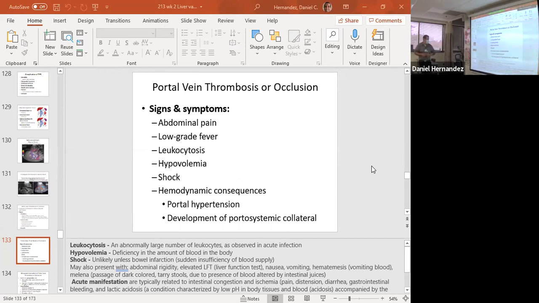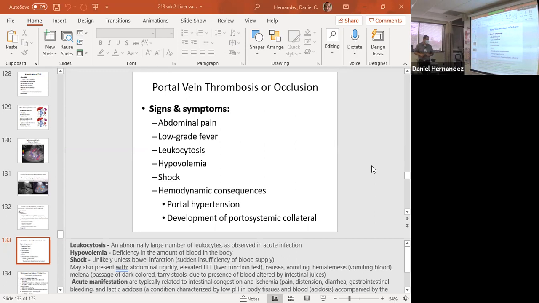Again, leukocytosis is an abnormally large number of leukocytes, so an elevated white count, which is observed in acute infection. Hypovolemia is a deficiency in the amount of blood in the body. These patients can enter into shock, though that's unlikely unless the bowel becomes infarcted and there's a sudden insufficiency of blood supply.